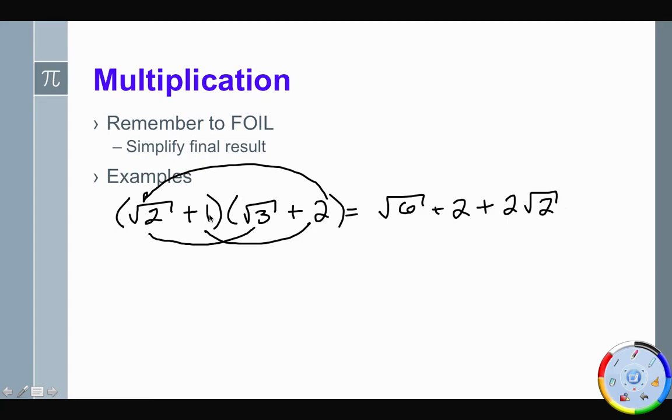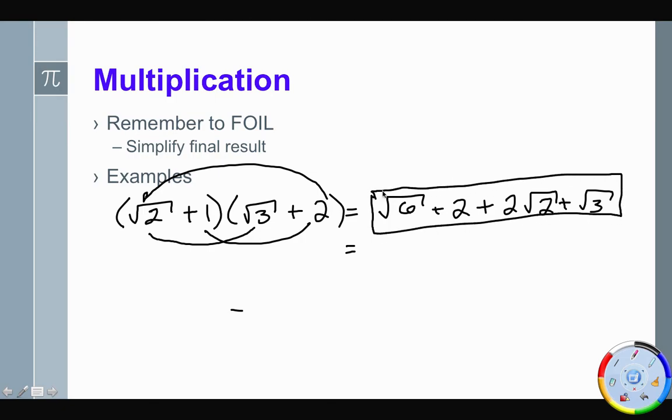And then we can have 1 times root 3, which is just a root 3. And as always, you must try to simplify if you can. Well, it just so happens there's nothing alike in this particular problem, so our final answer is actually what we wrote. There's nothing to simplify in this particular problem.